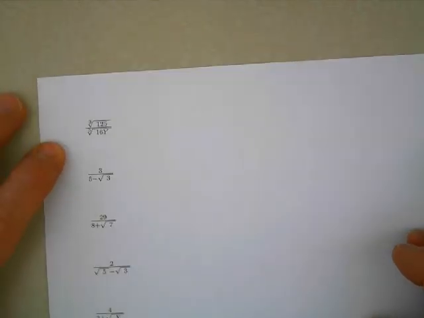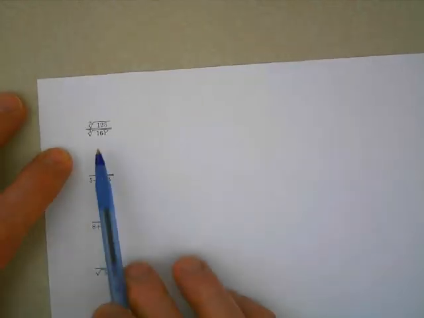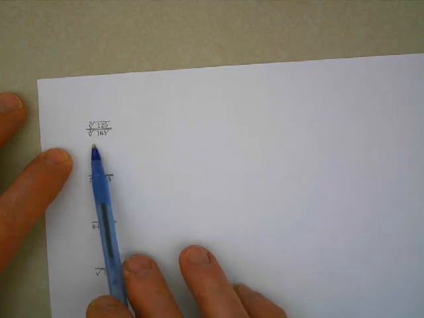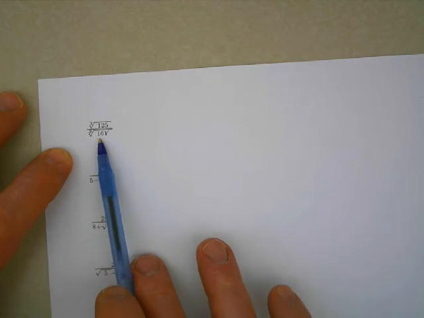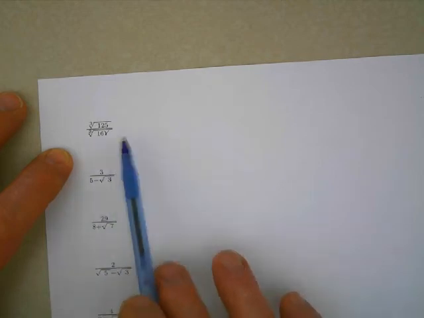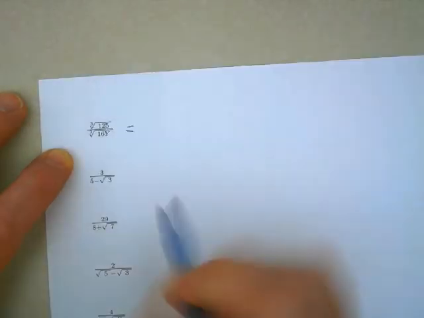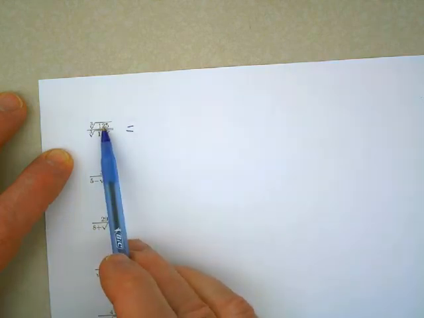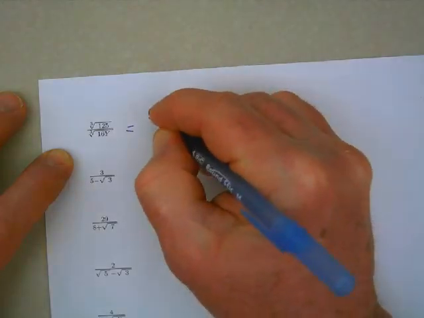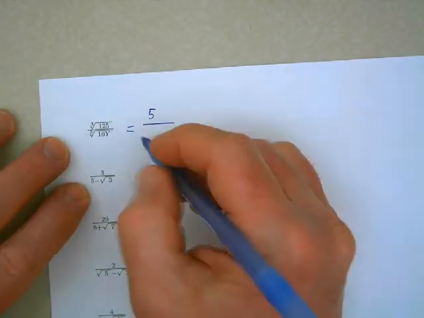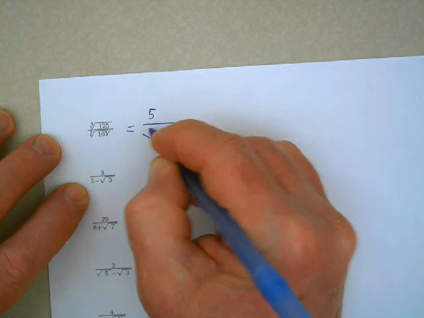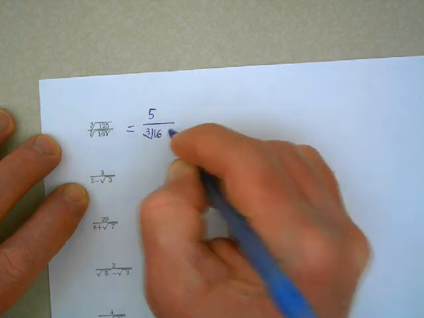Okay, at the top we have the cubed root of 125 divided by the cubed root of 16y. Note that the cubed root of 125 in the numerator simplifies to 5, so let's go ahead and do that. And then in the denominator we have the cubed root of 16y.